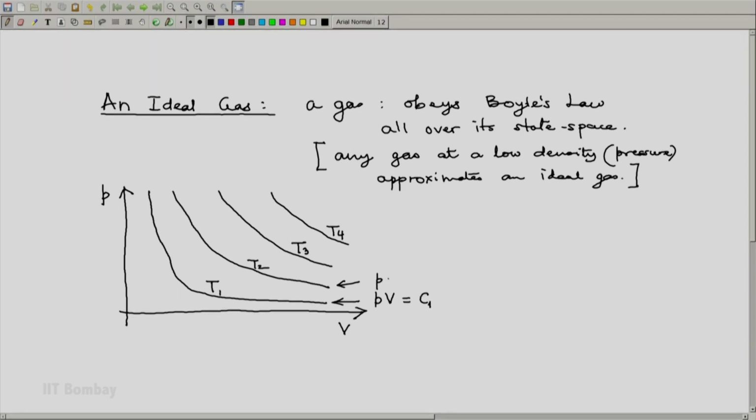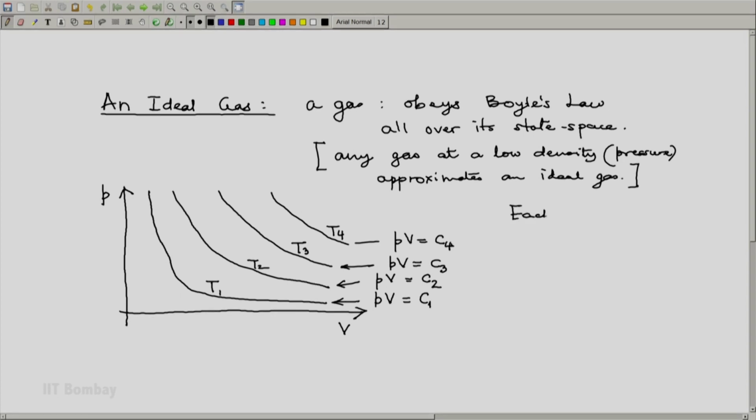This will be PV equals some other constant C2. This will be PV equals a third constant C3, and this PV equals some constant C4.